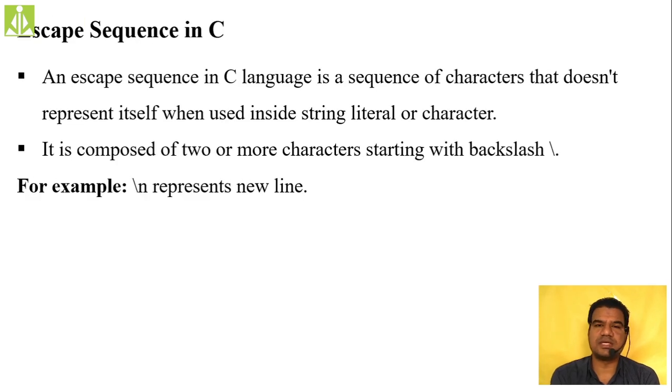Then we discussed escape sequences. So what are escape sequences? These are some special tokens which have some specific meaning when used in your programming code. We also said these escape sequences are generally used to format your output, whatever output you are getting on the output screen; to modify or alter that output, we use these escape sequences.